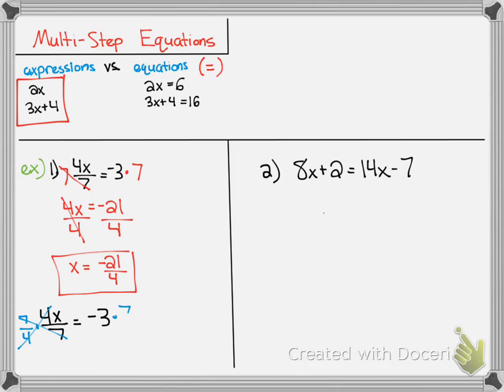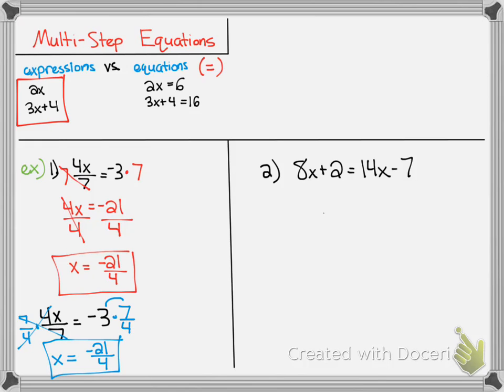And remember, you have to do it to both sides. If you do it to one side, you have to do it to the other. Alright, so when we do that, we go ahead and take care of both of those steps in one. Alright, so now we have x equals negative 3 times 7 is negative 21 over 4. So either way, you come out with the same answer.